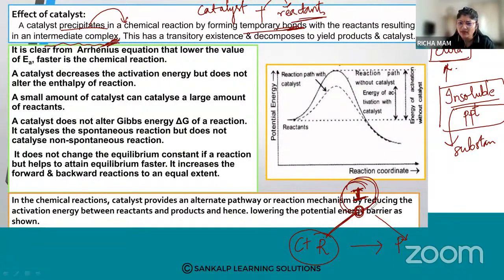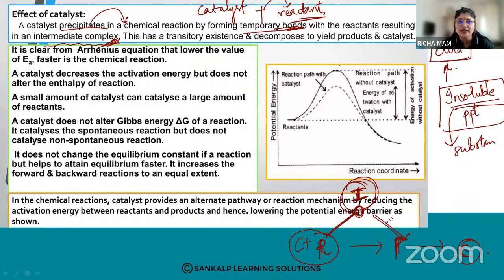When it forms product, it will give out the catalyst. So it will decompose to give you products and catalyst separately. This is the role of a catalyst. It will precipitate in the chemical reaction by forming a temporary bond with the reactant, and it forms an intermediate complex.